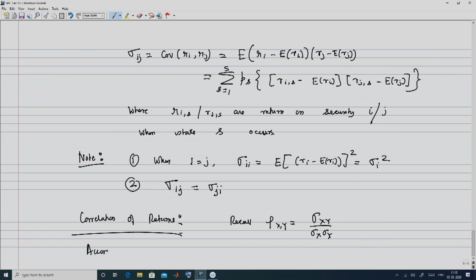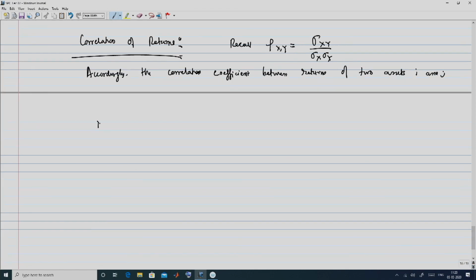So, accordingly, the correlation coefficient between returns of two assets I and j is given by, and I will denote this by rho I j, sigma I j over sigma I into sigma j.